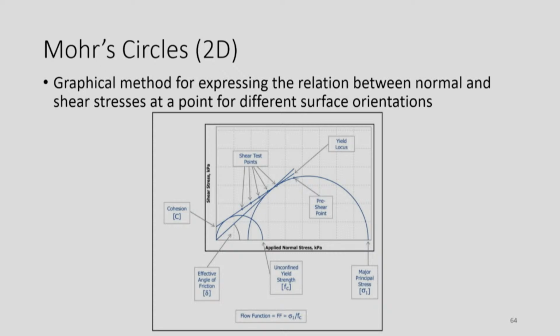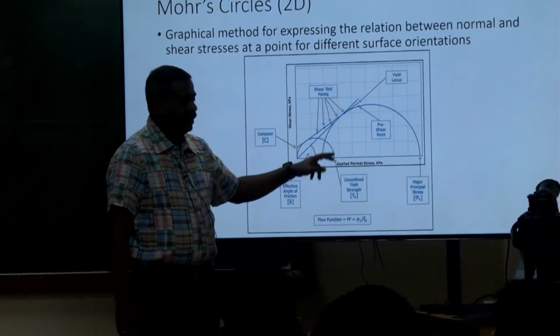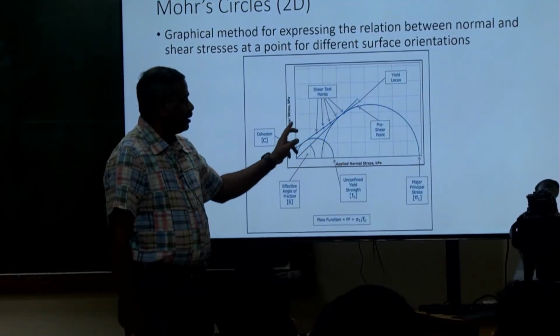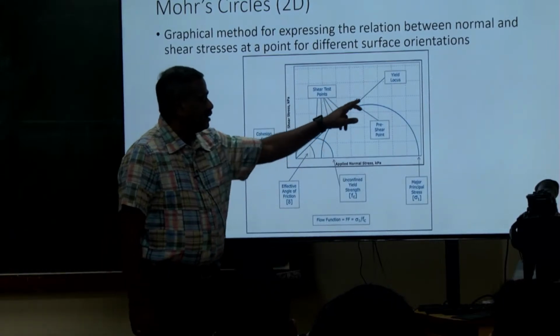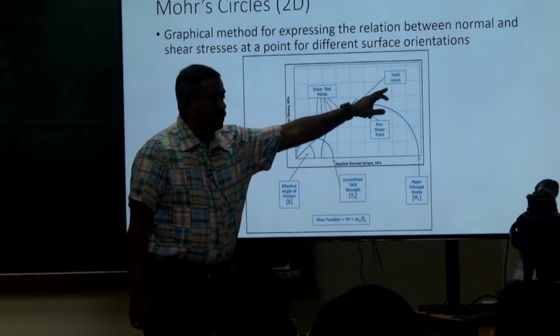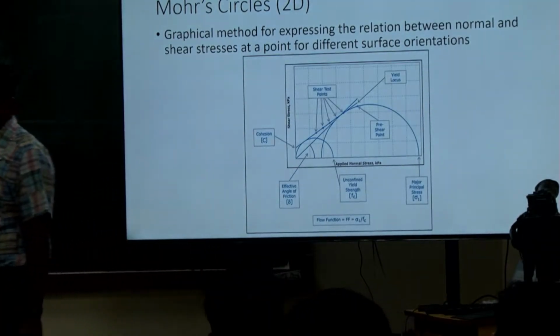Force over unit area, right? So from the unit area, you calculate the stresses, and you relate those points. At different applied normal stresses, you get different shear stress values, and the line that connects all those points is called the yield locus.